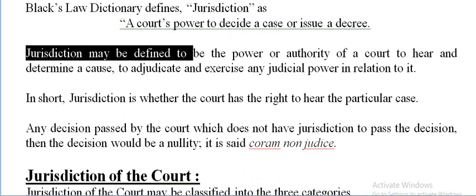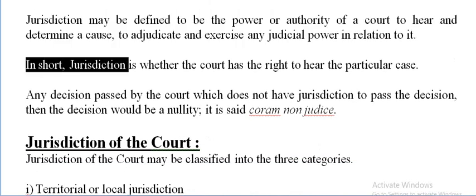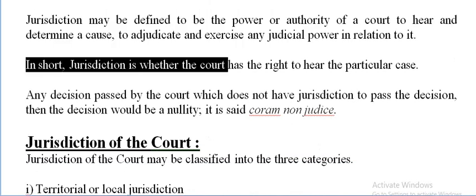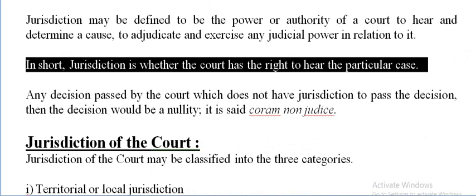Jurisdiction may be defined to be the power or authority of a court to hear and determine a cause, to adjudicate and exercise any judicial power in relation to it. In short, jurisdiction is whether the court has the right to hear the particular case.